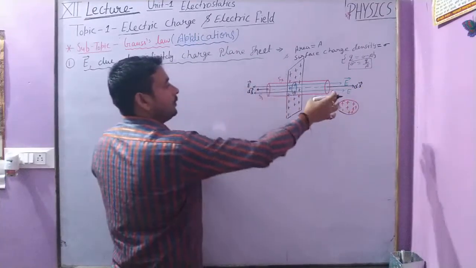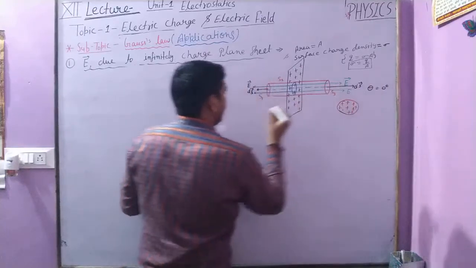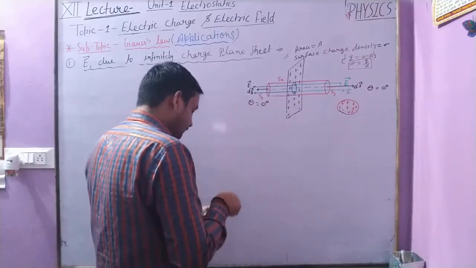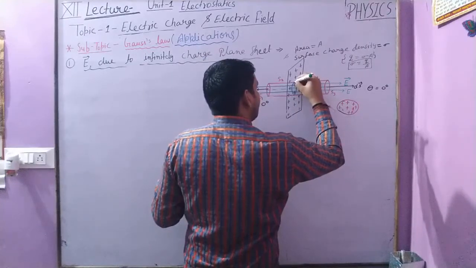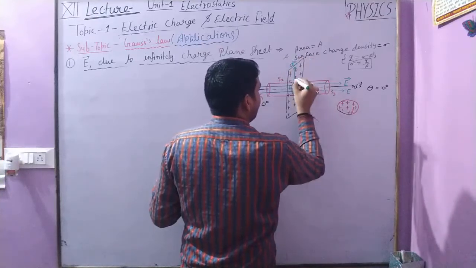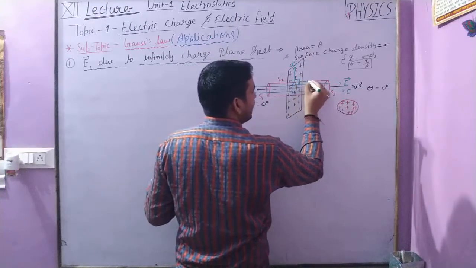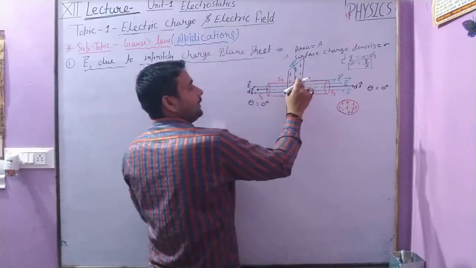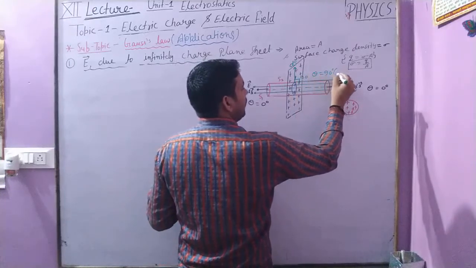So you can easily observe for the flat surface the angle is 0 degree here and on the other side also, but for the curved surface the area vector at this point is dS, and the electric field is parallel, this is the direction of electric field, and the area vector is at 90 degree. So theta is 90 degree for curved surface.